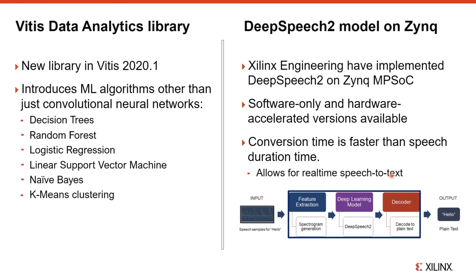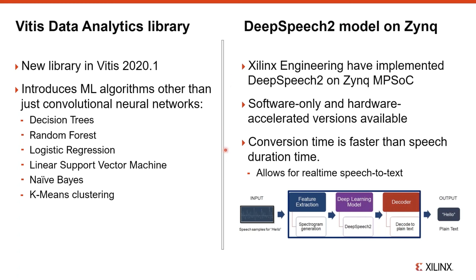So there's a series of other machine learning algorithms that are not just CNN. And obviously all of these are part of a Vitis library. They're available in C, C++ code format, but then get converted into hardware and accelerated in the programmable logic.